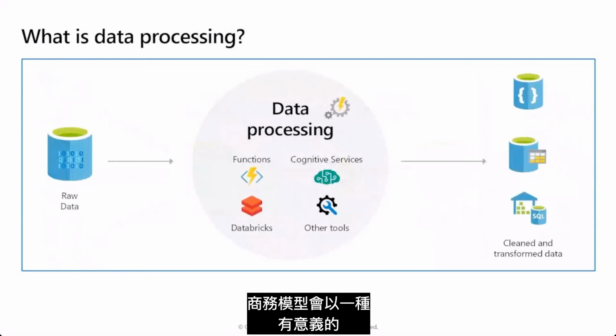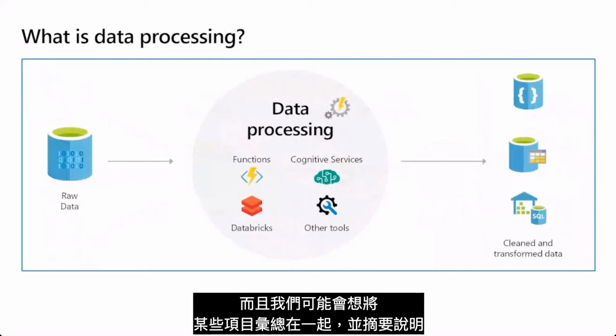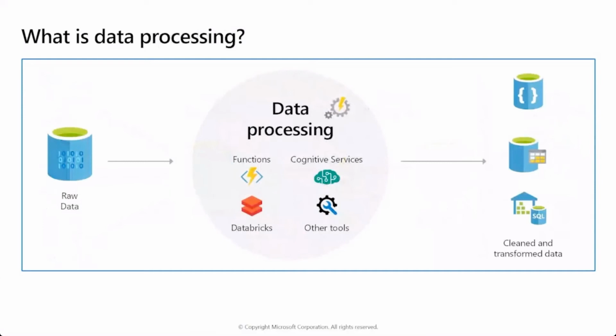A business model describes the data in terms of meaningful business entities, and we might want to aggregate some things together to summarize information. The data processing stage could also be used to generate predictive and analytical models from the data. Data processing can be quite complex.